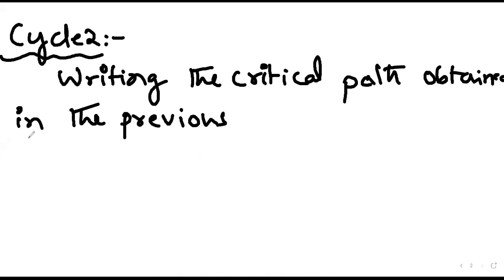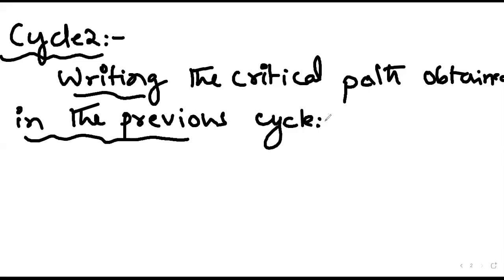So which are the critical paths here, which were obtained in the previous cycle?